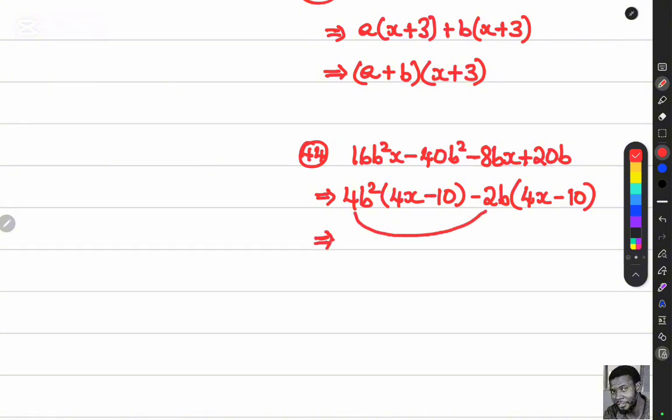So if you group them, you'll say, okay, I'll have 4b squared minus 2b, then followed by 4x minus 10.